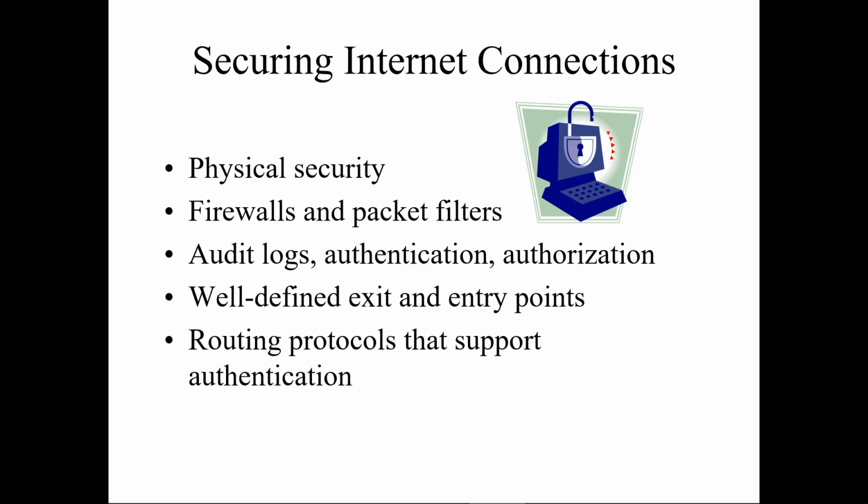That could be physical security, that could include firewalls and packet filtering, AAA, authentication, authorization, accounting, could also be auditing of logs. Well-defined exit and entry points into the facility, into our network equipment, as well as are our routing and switching protocols secured. That's always a big one because many organizations fail to do that.